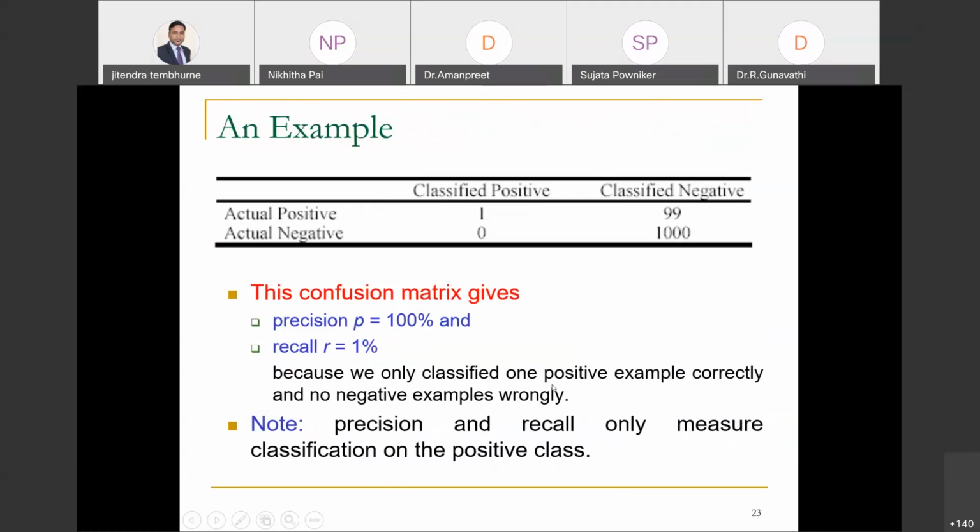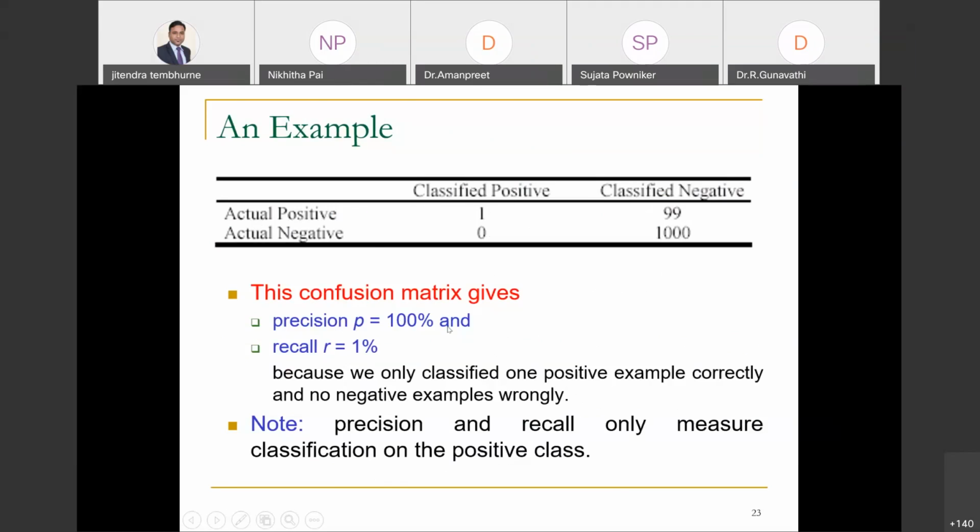Now moving further, take an example, so it will be more clear. The example says actual positive here is 1, actual negative here is 0, classified negative is 99, and classified negative is 1000. By using this confusion matrix, precision can be calculated.